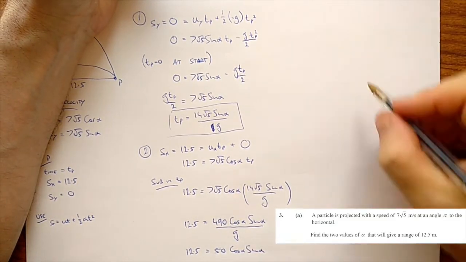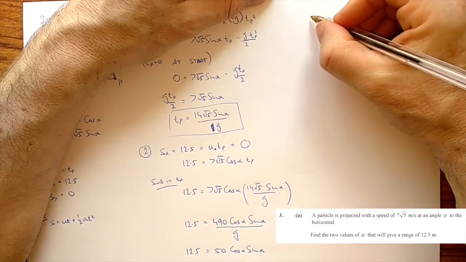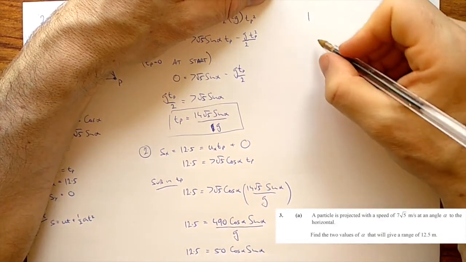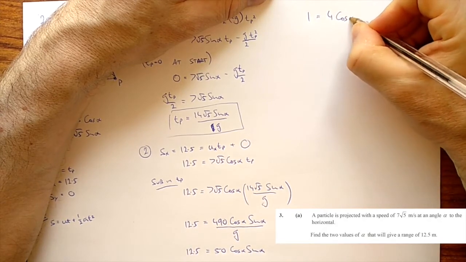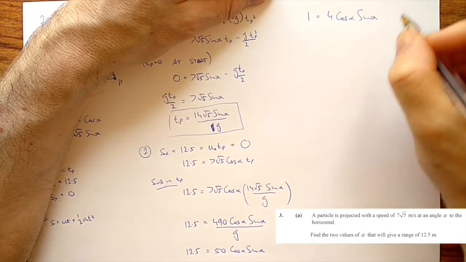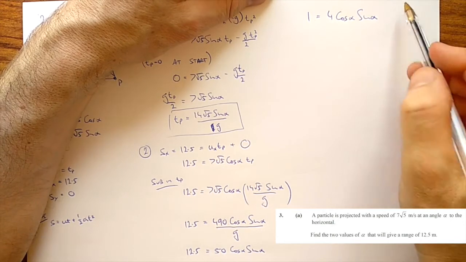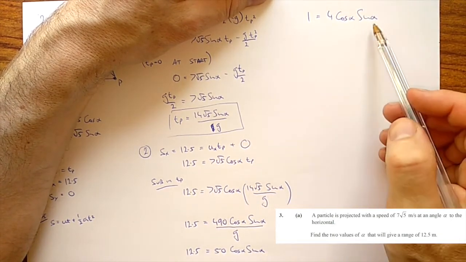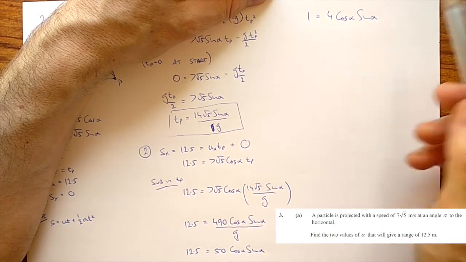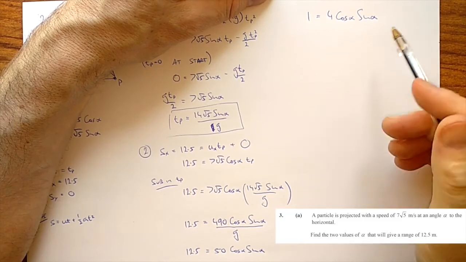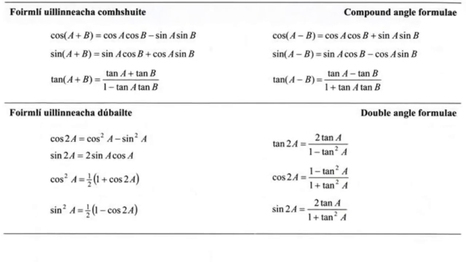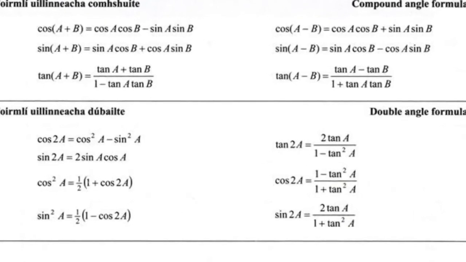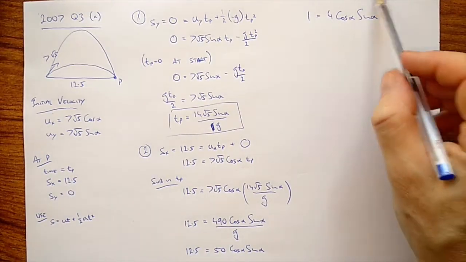Okay, let's do a last little bit of simplification up here. So we have 1 equals 4 cos alpha sine alpha. Now, good news, bad news. The algebra is much simpler, but we still have cos alpha and sine alpha, two different ways of having to look at that. So this is where we need to turn to our log tables. This is one of these equations you do need to know. It's in the log tables, it's worth even recognizing that it's there.